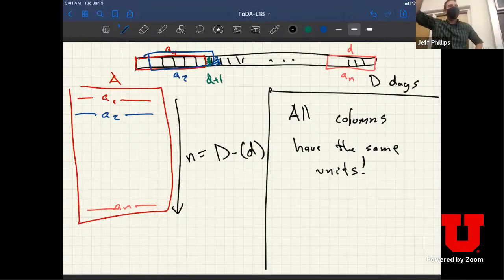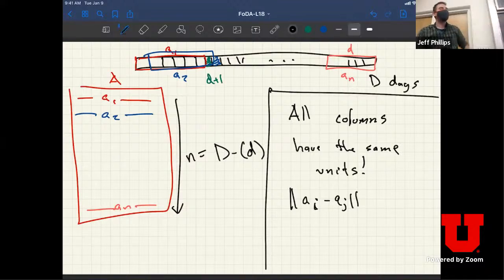Okay, with the movie ratings, they were somehow the same unit. There was a user versus a thing, and every user had some rating, inferred rating, of a movie. And here I have the closing price. Every entry in this matrix is a closing price, so I can compare them. And this is important because I'm going to be taking a distance. I'm going to be comparing something like, let's say, A_i minus A_j.